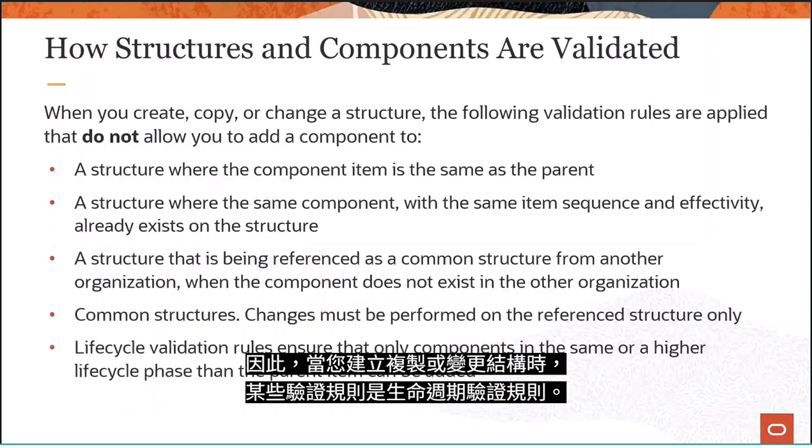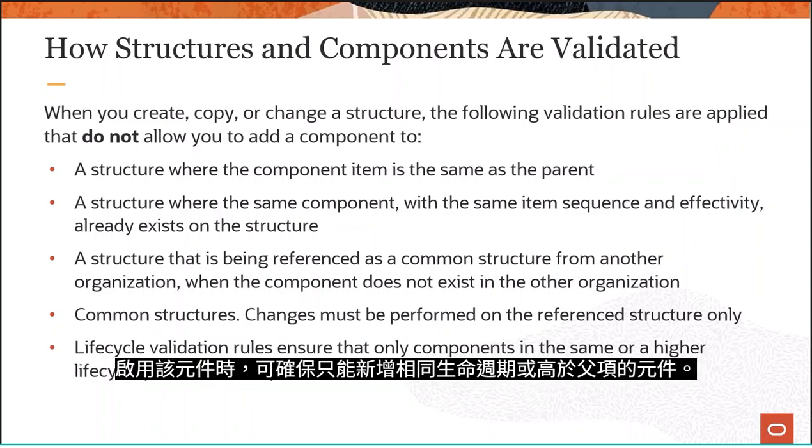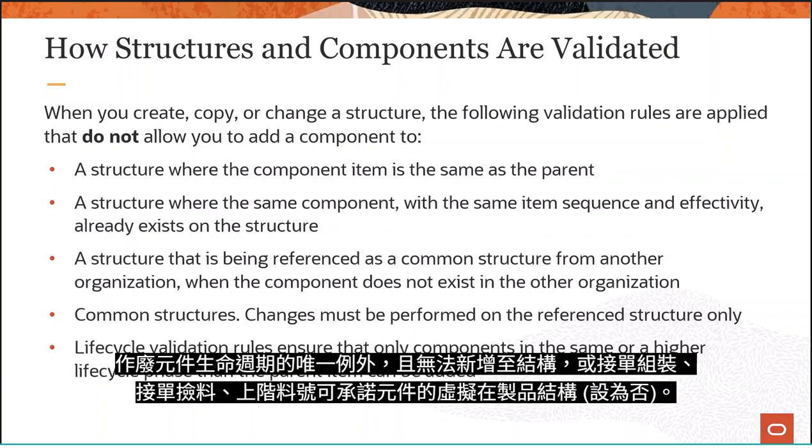So when you create, copy, or change a structure, some of the validation rules are the lifecycle validation rule. When that one's enabled, it ensures that only components in the same lifecycle or higher than the parent can be added. The only exception is made for an obsolete lifecycle. Component lifecycles in that cannot be added to the structure.